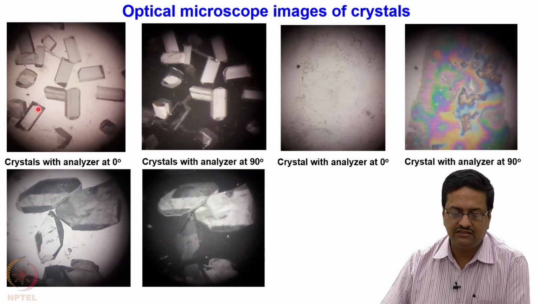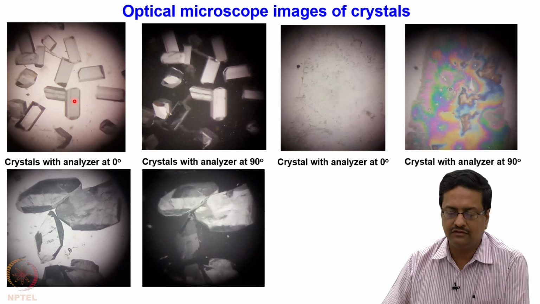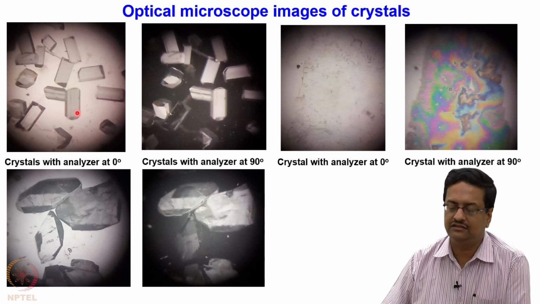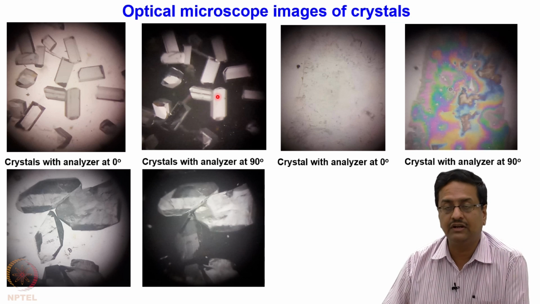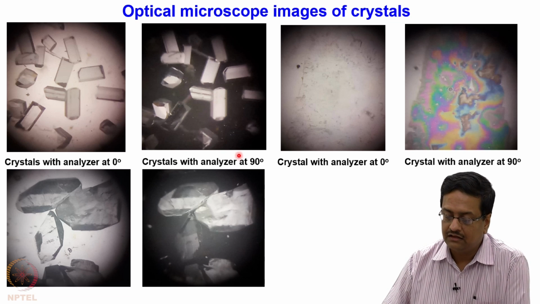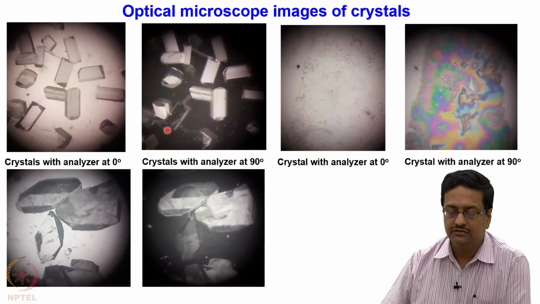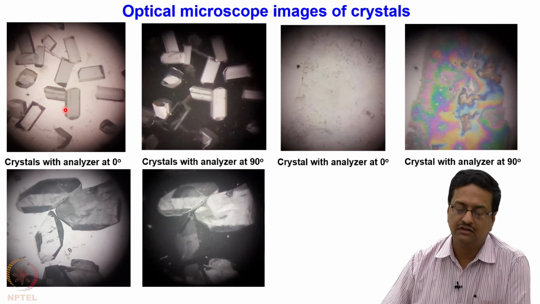So it is bright and transparent when the analyzer is at 0, and dark when the analyzer is at 90 degrees. These are good crystals, which one should look for in any X-ray diffraction analysis.